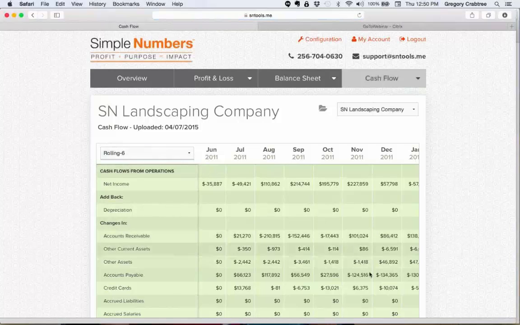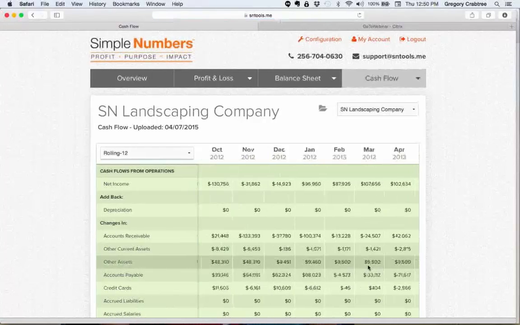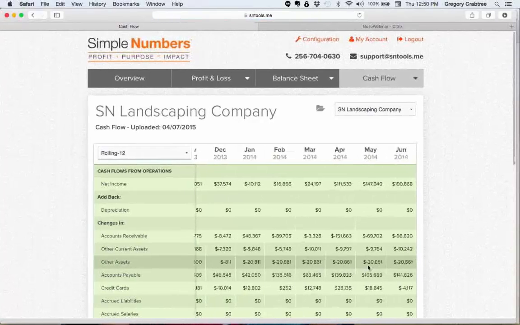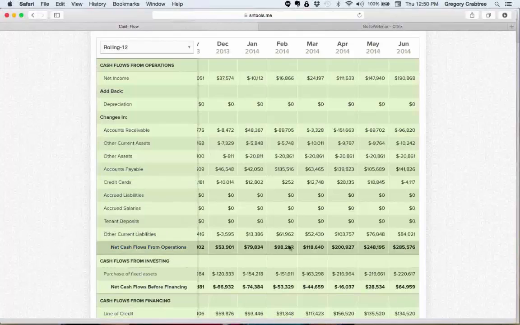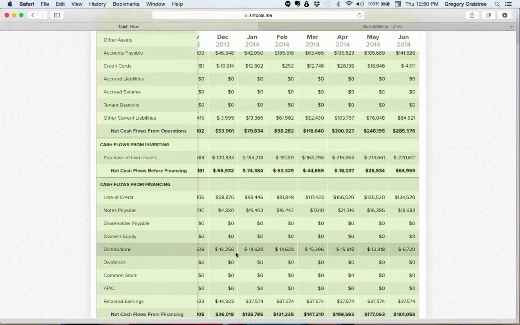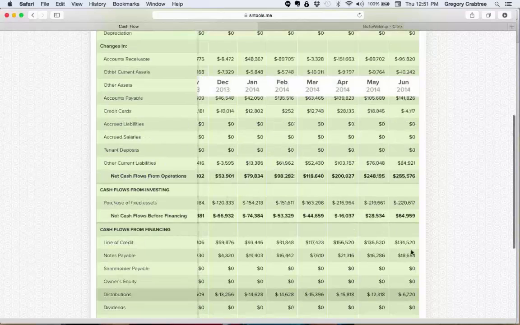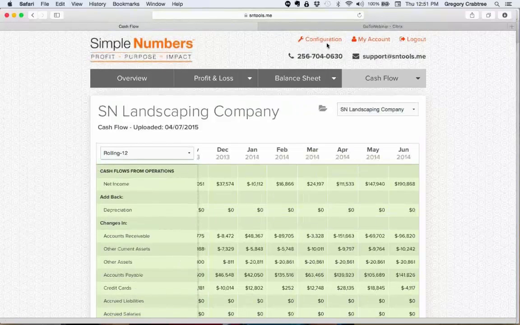So if you're looking at rolling 12 cash flow, for example, I can see that my net cash flows from operations are significantly improving. And this is really your big key, but you can also make sure that, hey, do I have a leak down here in my distributions where I'm taking distributions out in excess of what my free cash flow is. So these are quick and easy ways for people to get that.